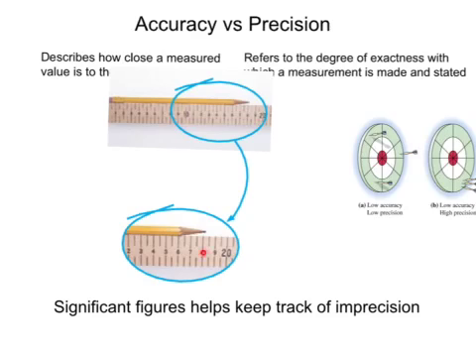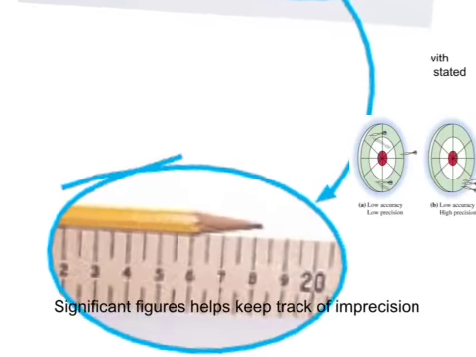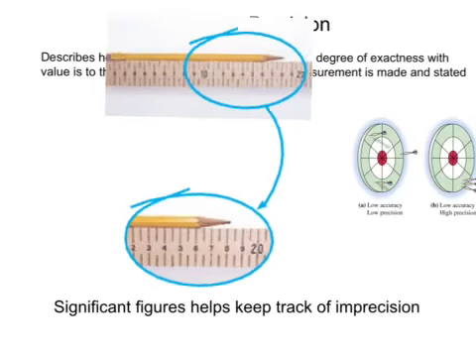We couldn't go all the way to the half because, as you can see, the pencil does not quite get to the 18.5 centimeter mark. It gets somewhere in between, but we can't tell with any accuracy exactly where. So we would say that is an 18 centimeter long pencil.